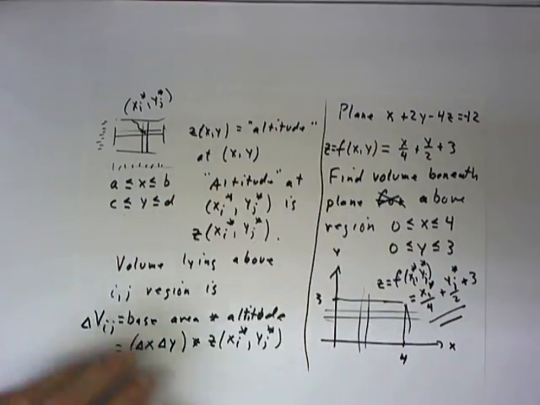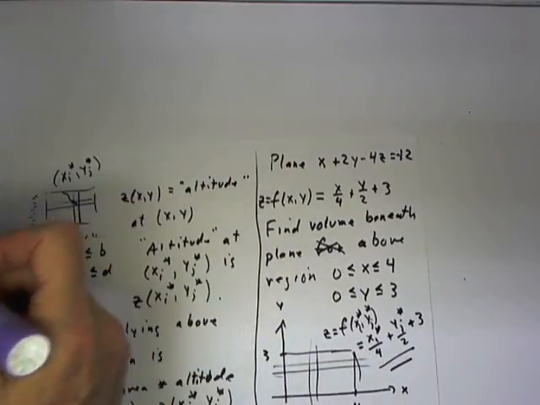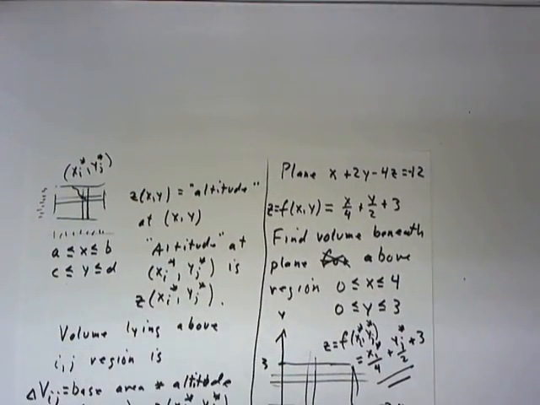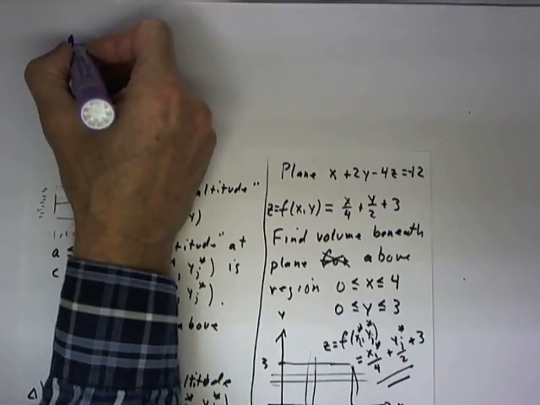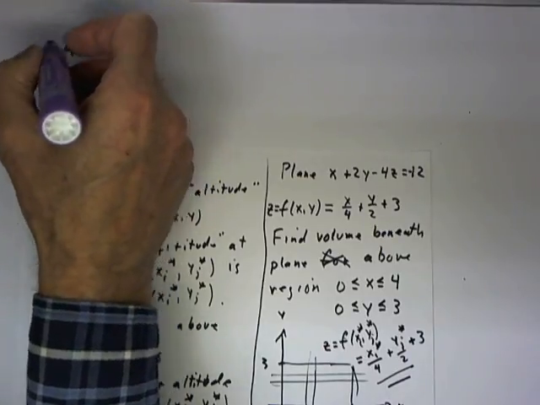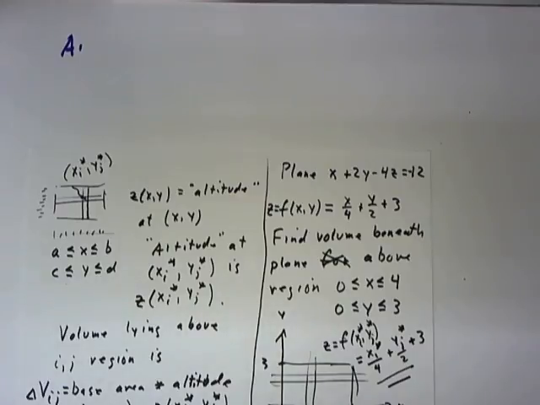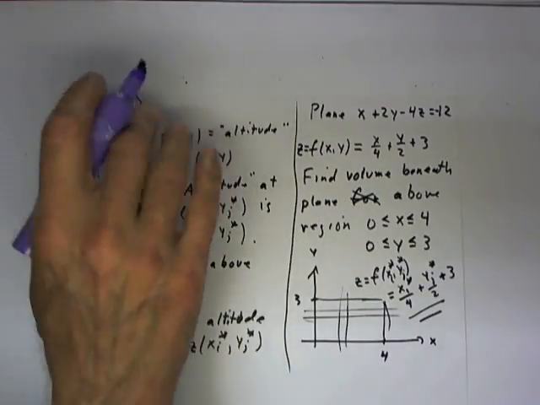For this example then, we want to find, I started to write the word area. Okay, just swapped out that piece of paper.